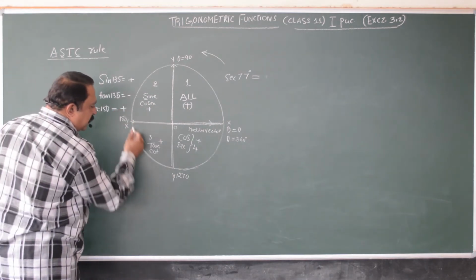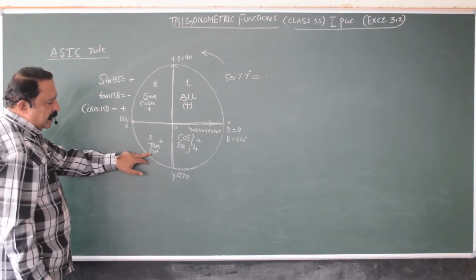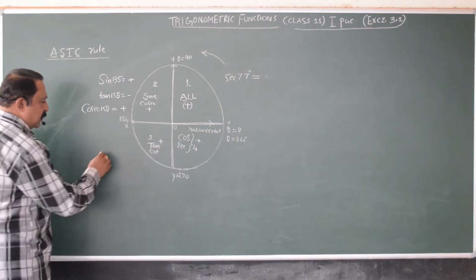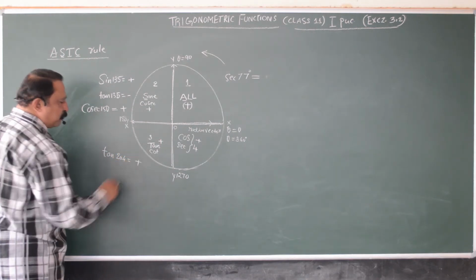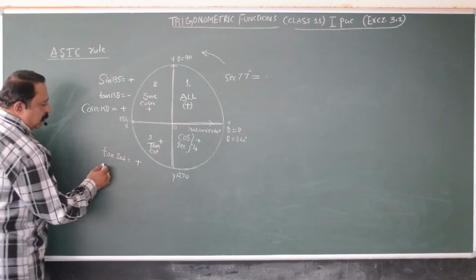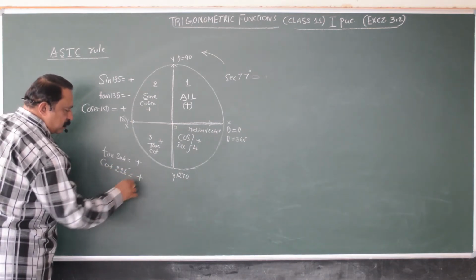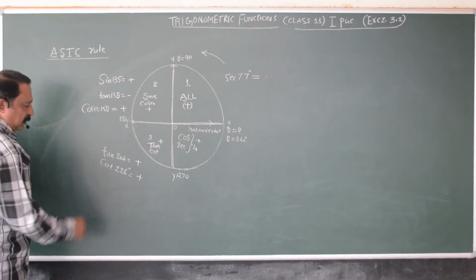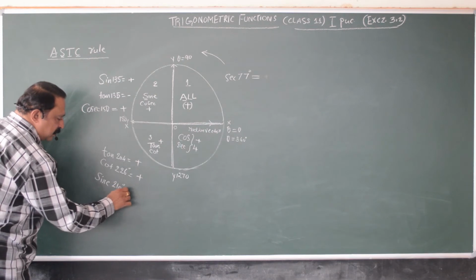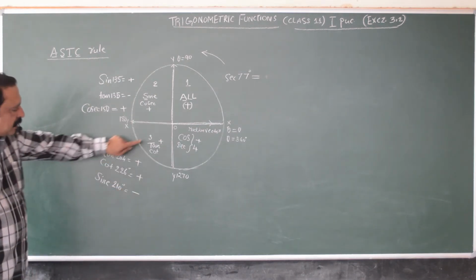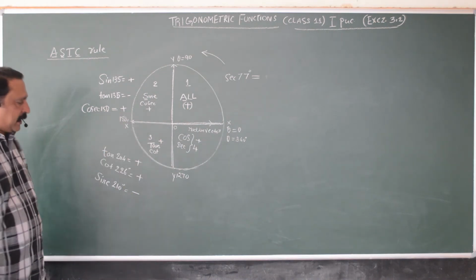Like that, between 180 and 270, tan theta and cot theta will be positive. Say for example tan 204 degrees is a positive number, or cot 226 degrees is going to be a positive number. Supposing I take sine 210 degrees, this will be minus because in the third quadrant only tan and cot are positive, that is between 180 and 270.